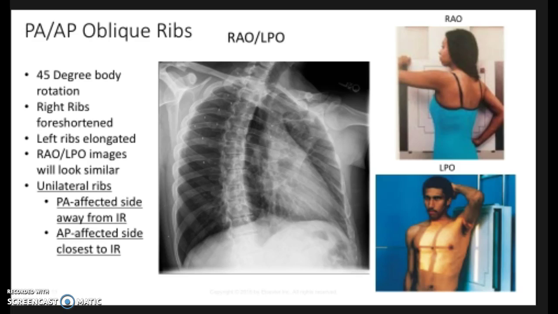So I want you to evaluate this image based on these positions and decide how you're going to remember when you'll see a Y view, a Grashy view, and which side is closer or further away from the image receptor. And when you're in lab, you're going to have a chance to really review those.